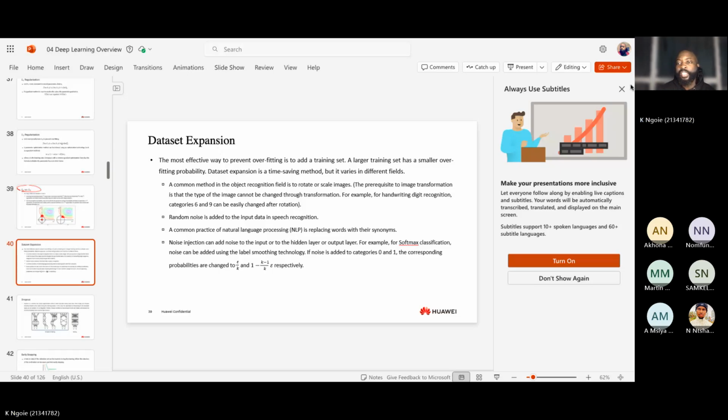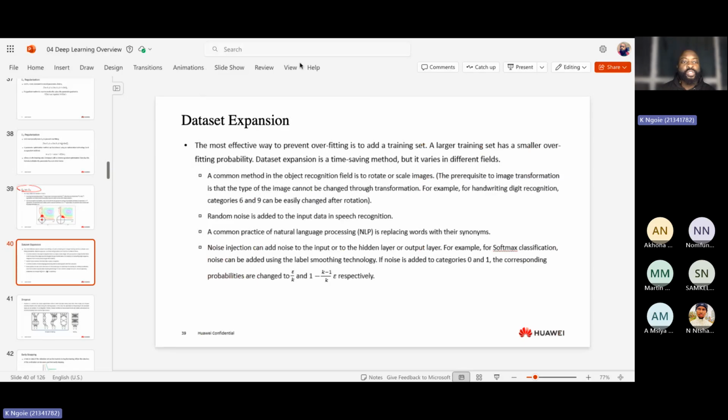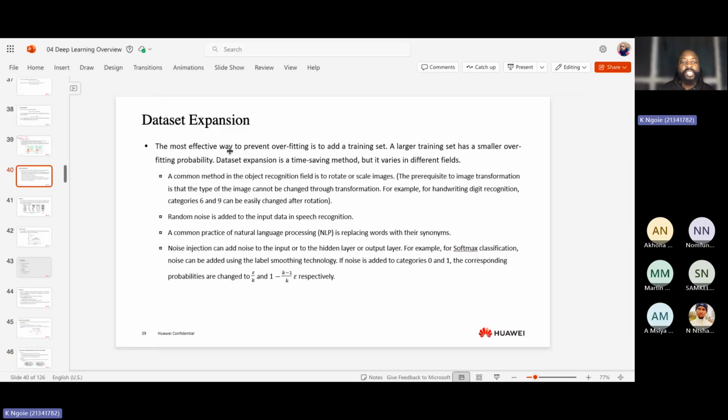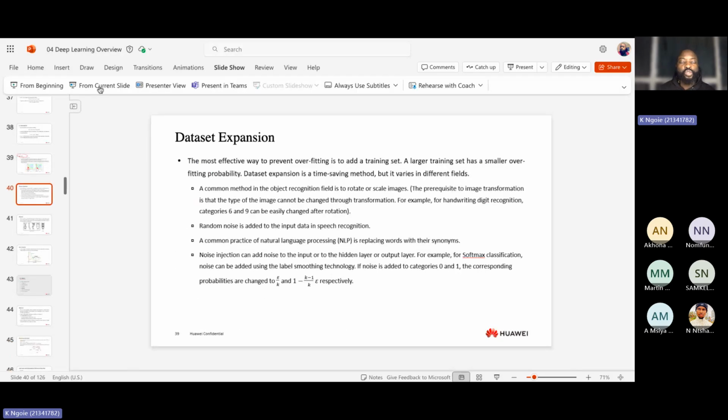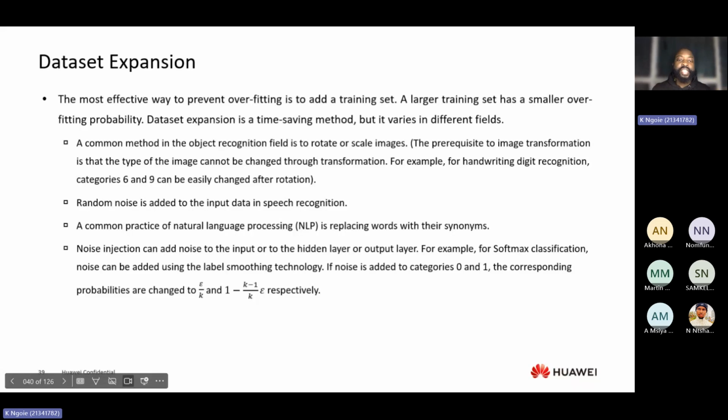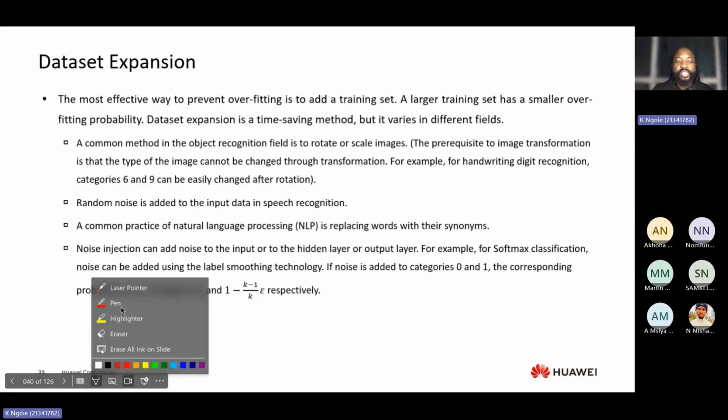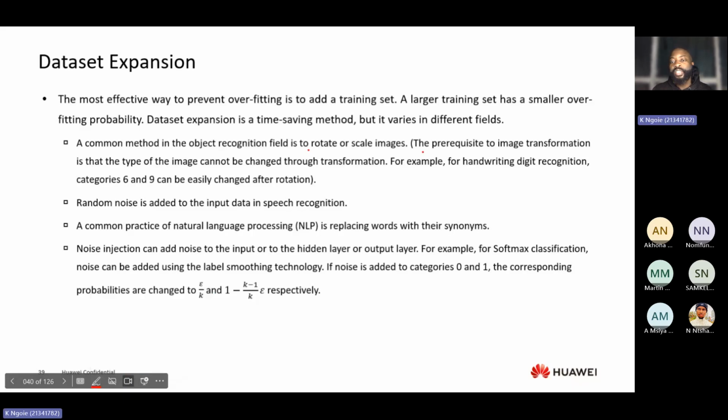You want to try that because it can help your model identify pictures easily, since your model has been trained to identify pictures even if they are not aligned straight, even if they are bent to a certain angle. Your model is going to be able to detect that. So a common method in the object recognition field is to rotate or scale images.